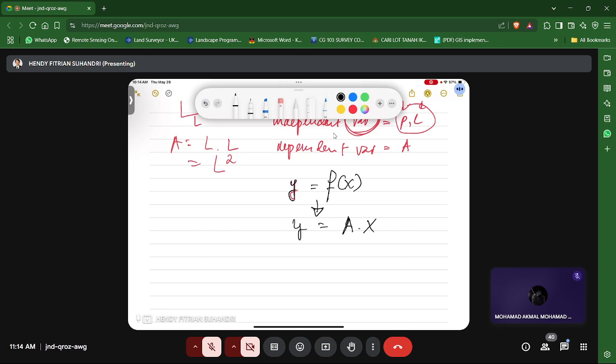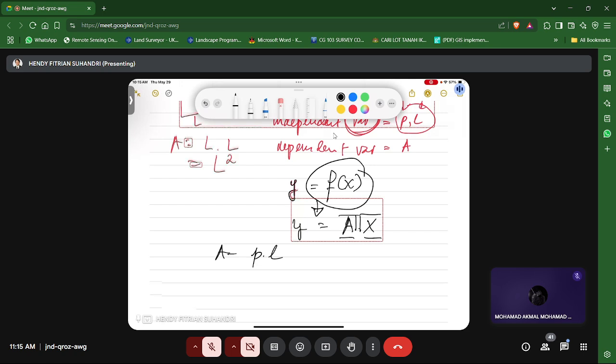Sekarang dalam non-linear, we could not distinguish between A and X because they are in an equation of non-linear. So what we have to do is to linearize the equation A equals P times L.